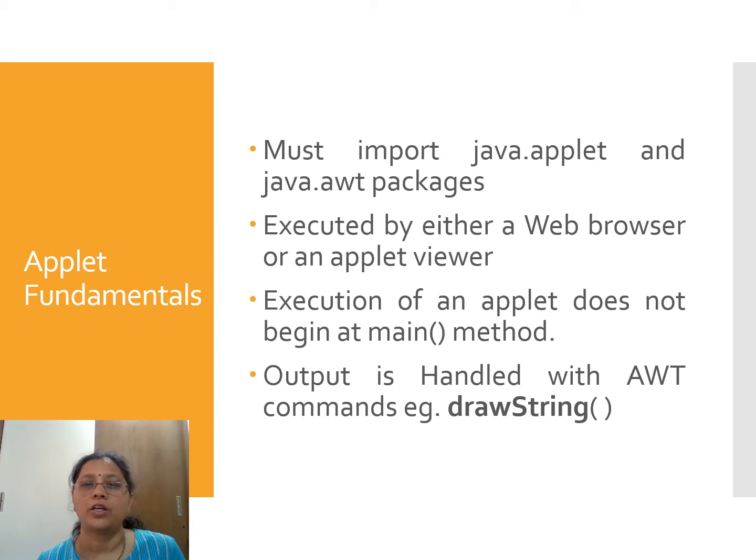But when we are using applet, then output to your applet's window is not performed by this method, but it always uses drawString method. So that is the difference between general Java program and applet program. AWT method used, that is drawString, to display the output at specified location.